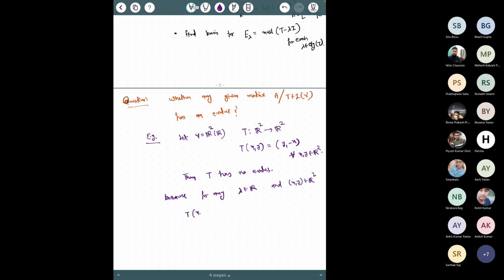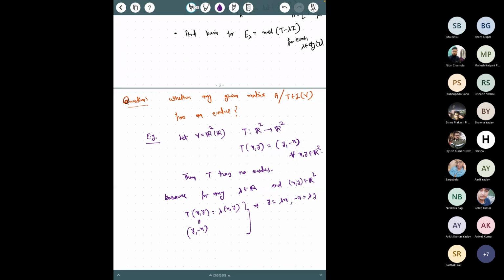So what is T of (x, y)? It is by definition (y, minus x). Now if you compare the left hand side and right hand side, you'll get y equal to lambda x and minus x equal to lambda y, right? But then this implies that (1 plus lambda square) x equal to 0.